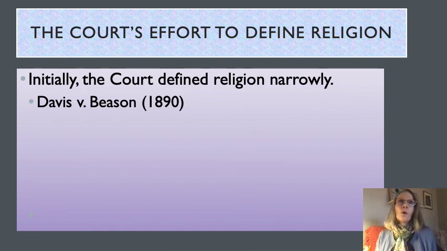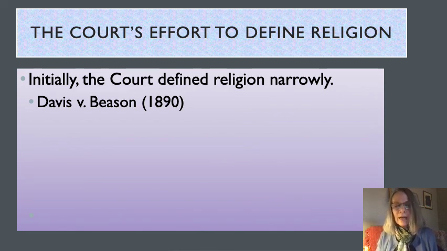Polygamy is no longer a religious doctrine of the Church of Jesus Christ of Latter-day Saints, but it used to be. One of the beliefs was that you should have many wives, and of the many wives, you should have many children, because then you're creating this wonderful family for life after you die, in the afterlife realm, where you'll be surrounded by many family members.